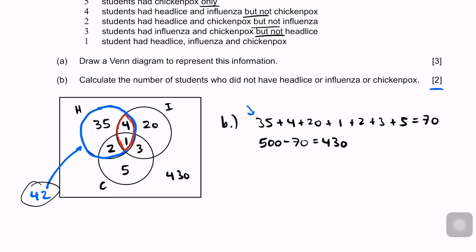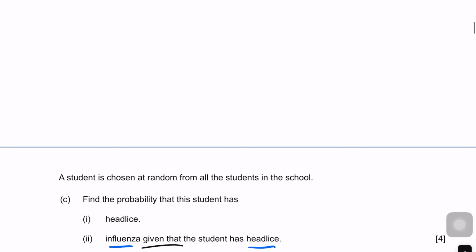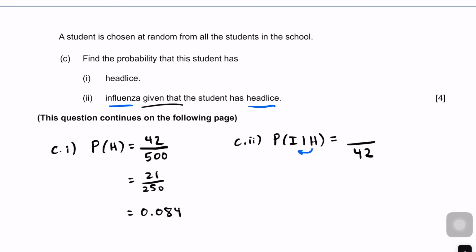So these 5 students right here, these 5 out of 42 students, are the ones that have influenza. Once again, given that we've got these 42 students, out of those 42, how many have influenza? It was 5 out of 42. And I think that is the easier way to do this.